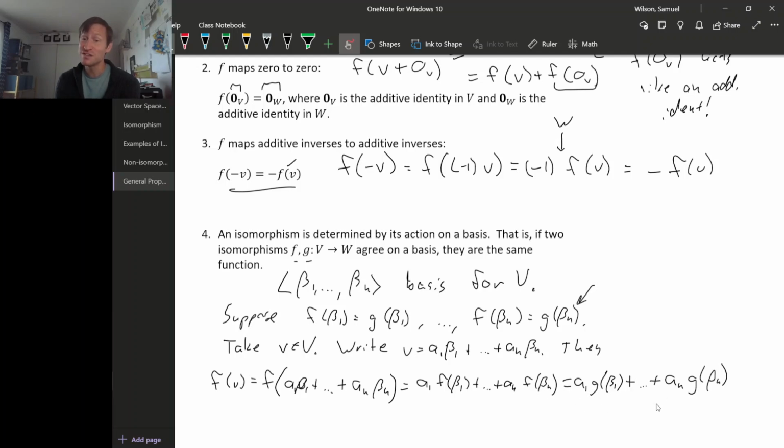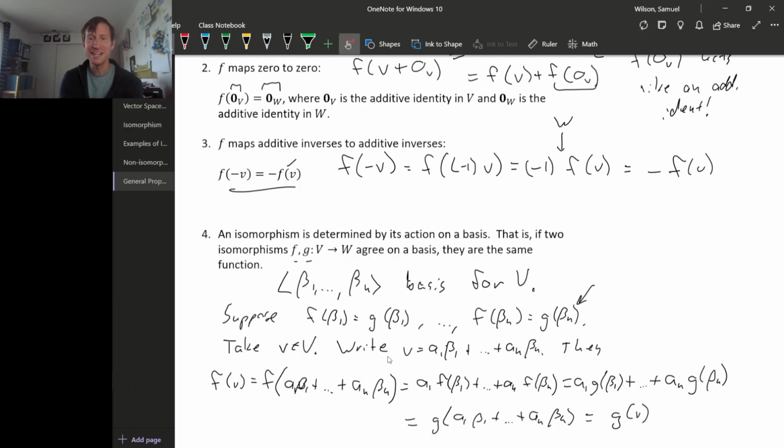But g preserves finite linear combinations, so now we can put this whole mess back together all inside of g. So g of a1 beta 1 plus dot dot dot plus an beta n. And of course this is g of v.